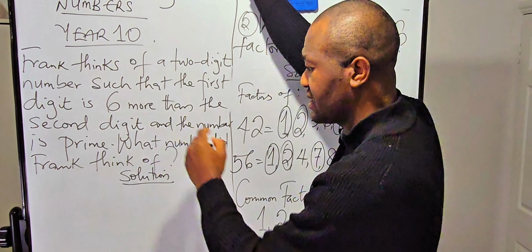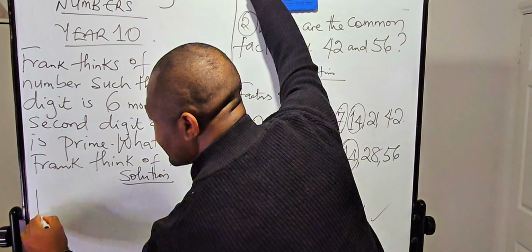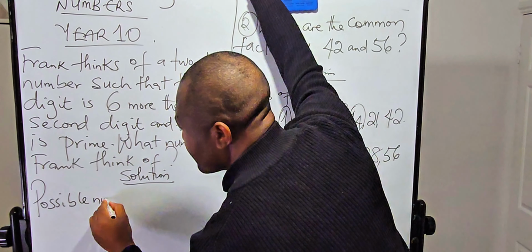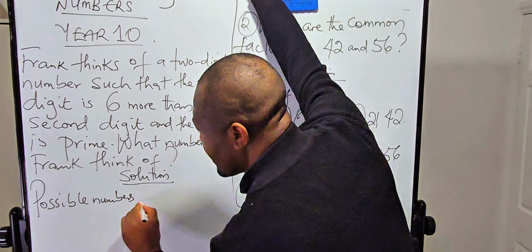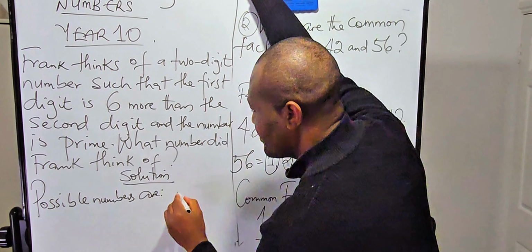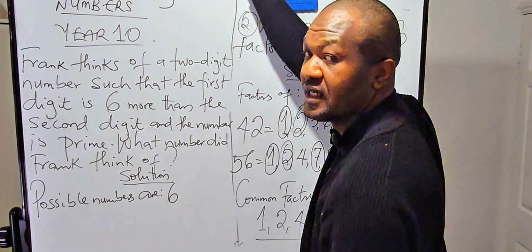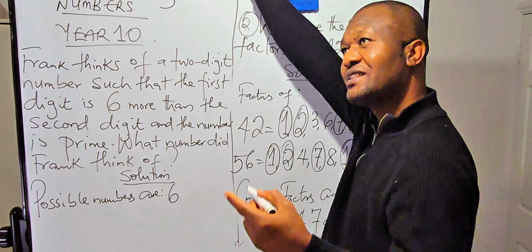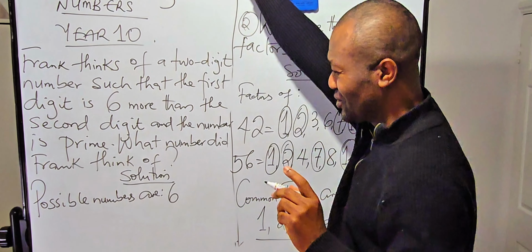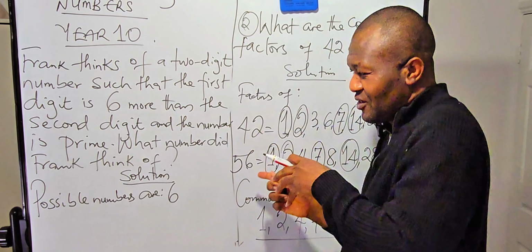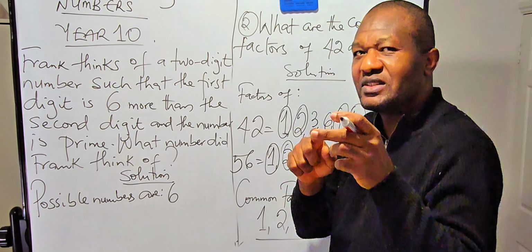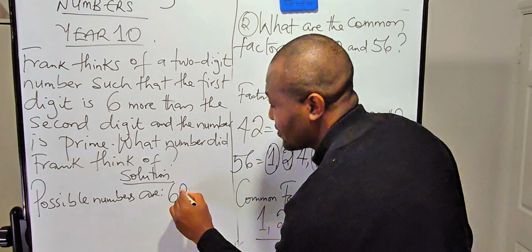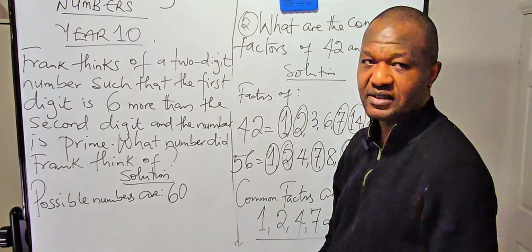So start with 6. The second digit is such that 6 has to be 6 more than that second digit. So what number comes to mind? It is 0, because 6 is 6 more than 0.